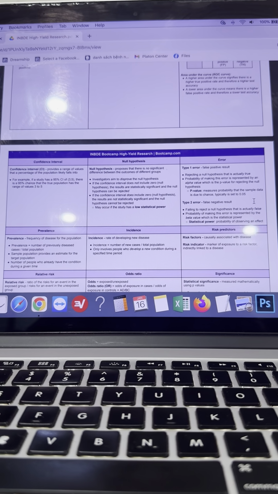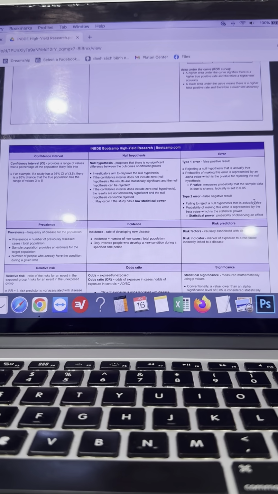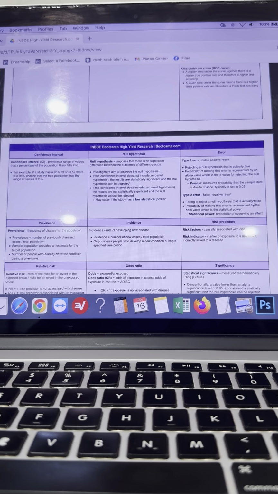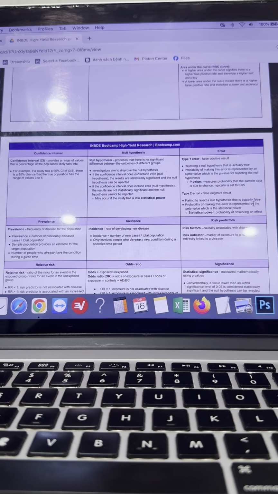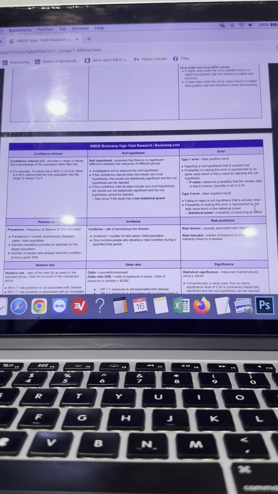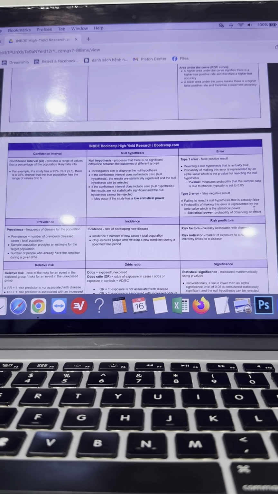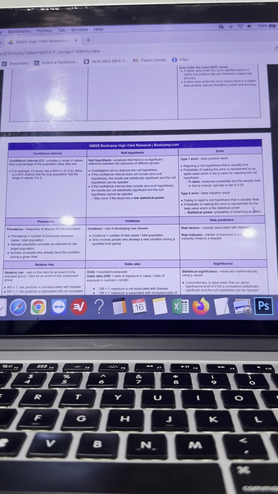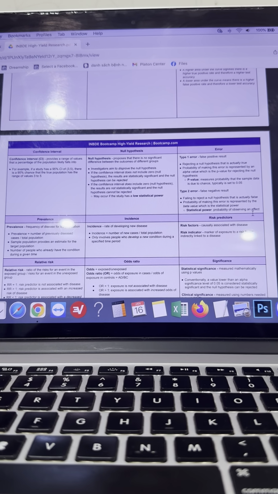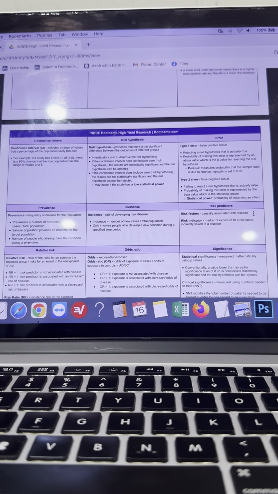It is typically set to 0.05. Type 2 error is a false negative result: failing to reject the null hypothesis that is actually false. The probability of making this error is represented by the beta value, and statistical power is the probability of observing the effect.